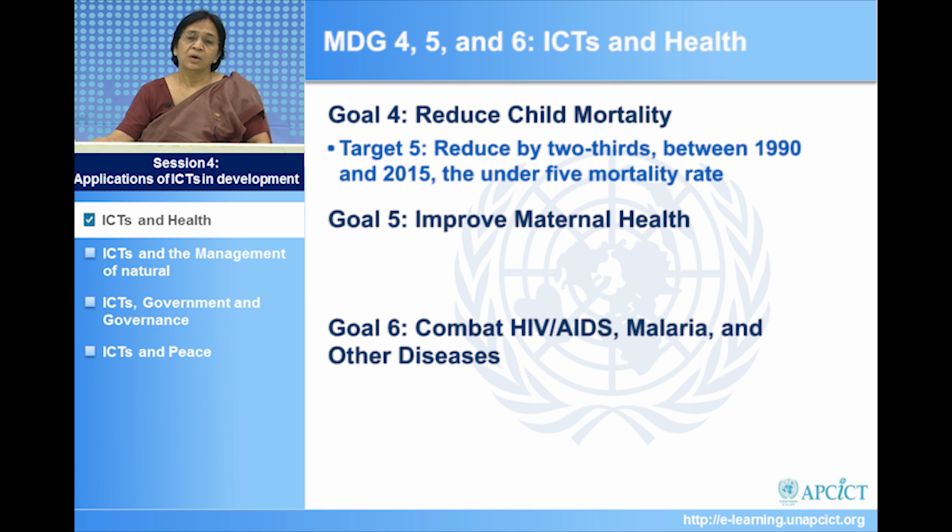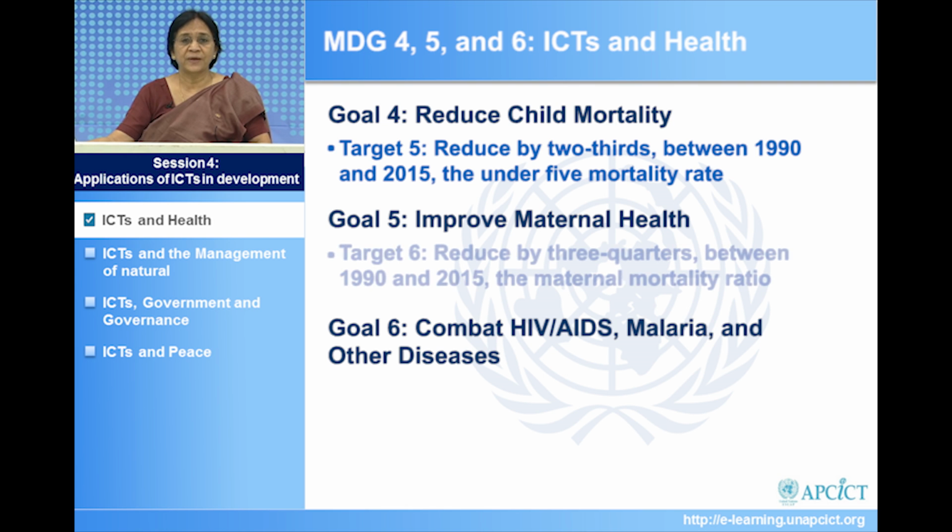Goal 4 of the Millennium Development Goals specifically charges the world community to reduce child mortality, and to reduce by 2/3 between 1990 and 2015 the under 5 mortality rate. That means children were dying below the age of 5. Similarly, Goal 5, improve maternal health.